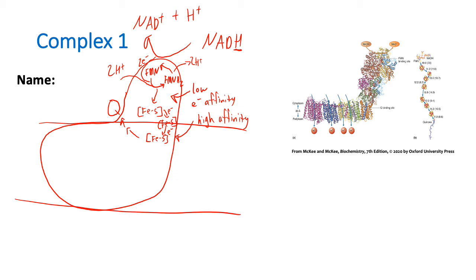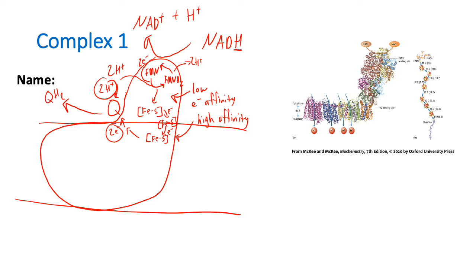And what happens here is that those two electrons get transferred to this Q, and then two protons also get transferred to this Q. And whenever that Q combines with two protons and two electrons, it becomes QH2.